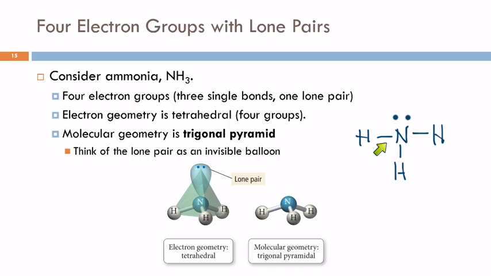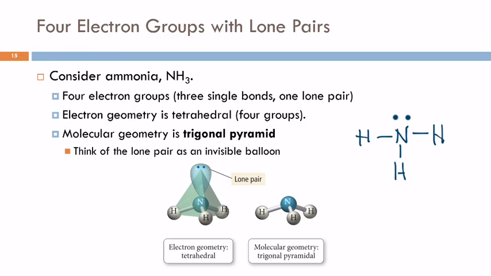There's 3 plus 1 is 4. 4 electron groups, 3 single bonds, and 1 lone pair. 4 groups get away from each other by making a tetrahedron, right? So in this tetrahedron, we have 3 single bonds with hydrogen, and then we have a lone pair.